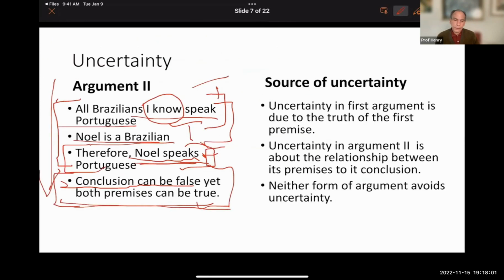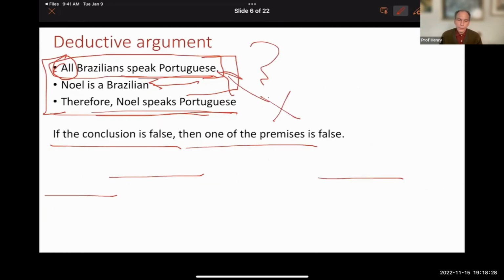Here, essentially, the relationship between the premises and the conclusion, there's uncertainty in that, in the sense that, again, both premises are true. Previously, this premise is not necessarily true.